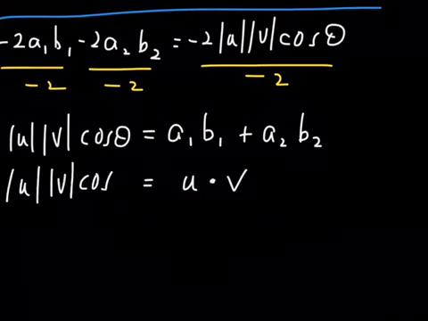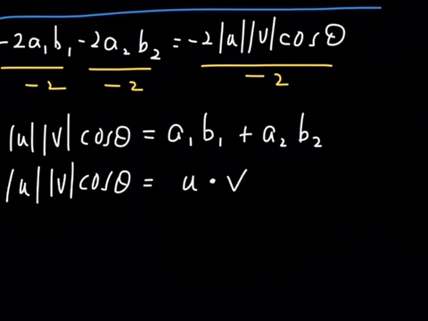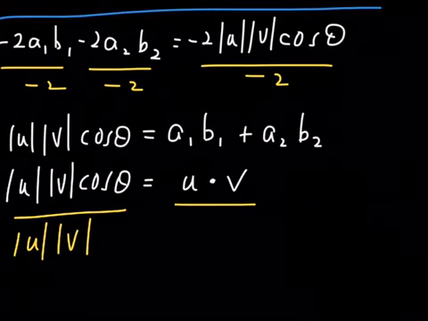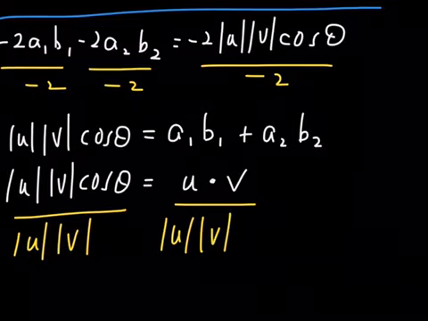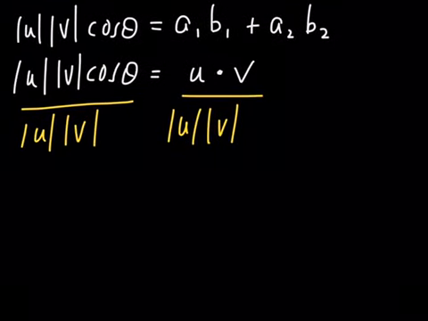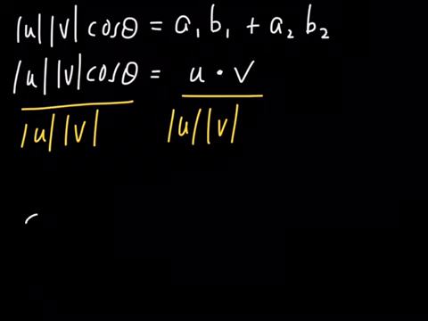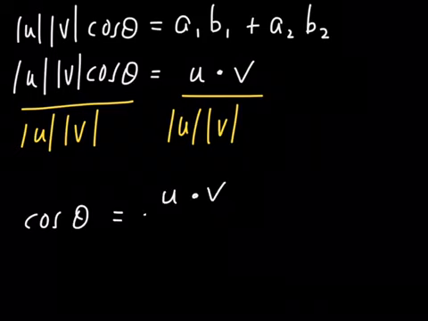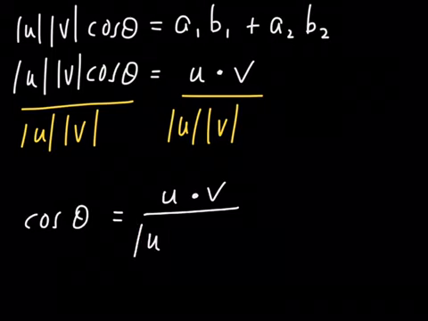So now, if you divide both sides by the product of the magnitudes of your vectors, you will get the following very important statement: the cosine of the angle between the two vectors is equal to u dot v divided by the product of their magnitudes.